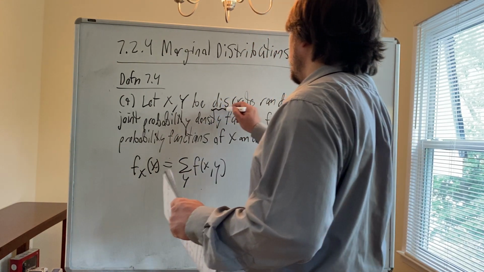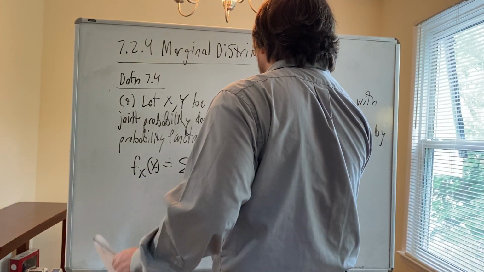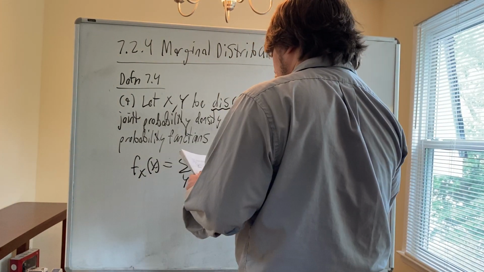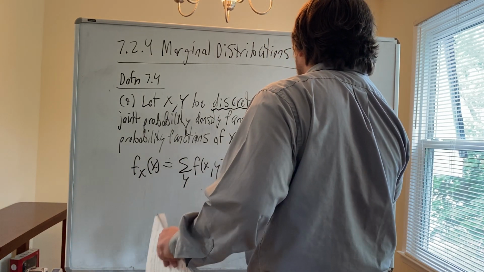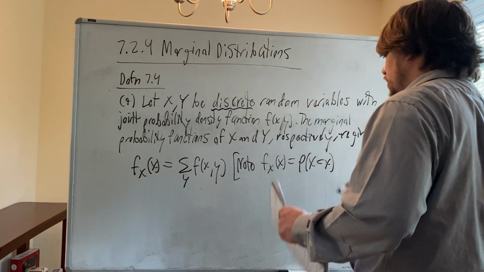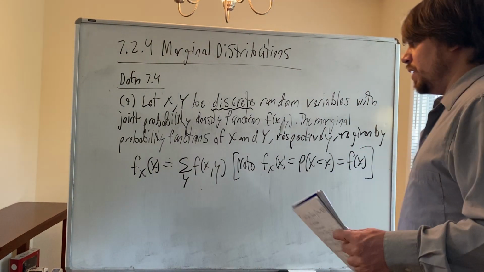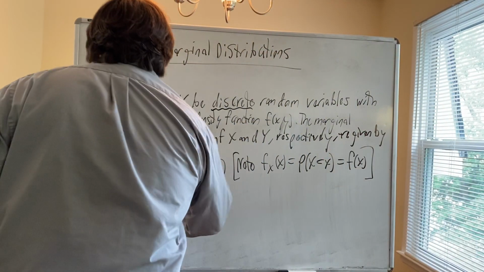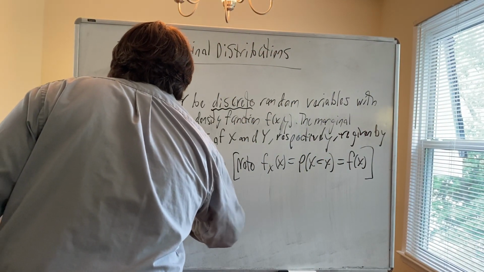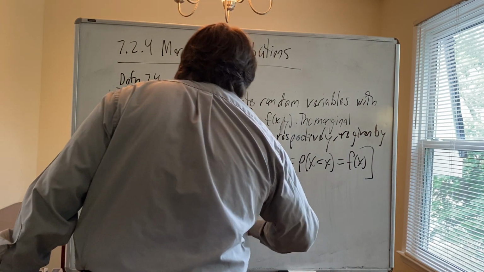Okay, so they have to be discrete, right? This is for a discrete one. And so note that f sub X of x is equal to the probability that capital X equals little x, which equals little f of x. Now f sub Y of y is equal to the sum over all possible values of x of f of x comma y.